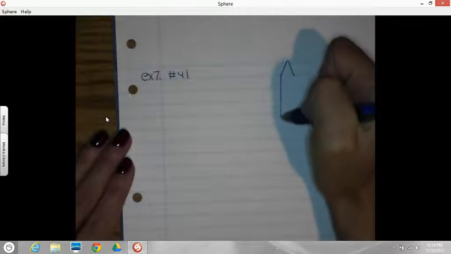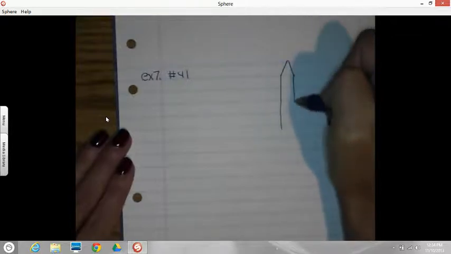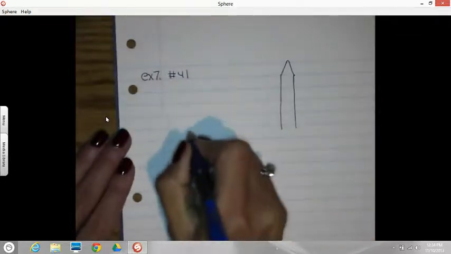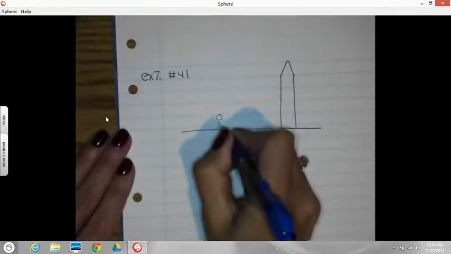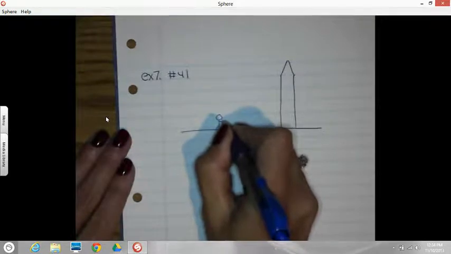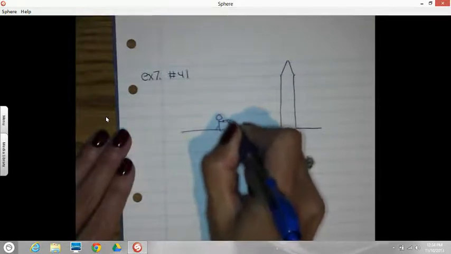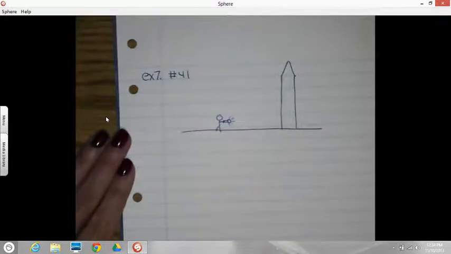We've got the Washington Monument, with a big crayon, standing on the ground. Here we are with our flashlight. And we are 10 feet away.